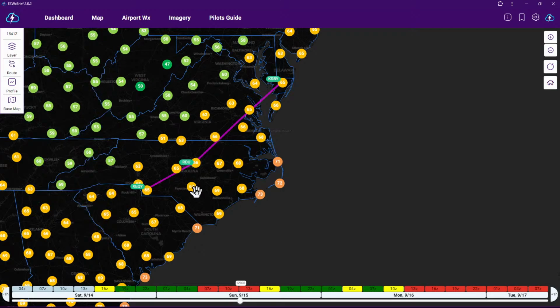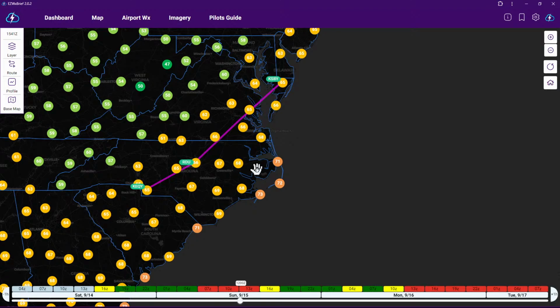So we're looking at pretty juicy air overall. We're talking about dew points up in the 70s, low 70s, maybe mid 60s, upper 60s over a good portion of this route. And that means we have moisture, low level moisture, which we know is the fuel for convection.